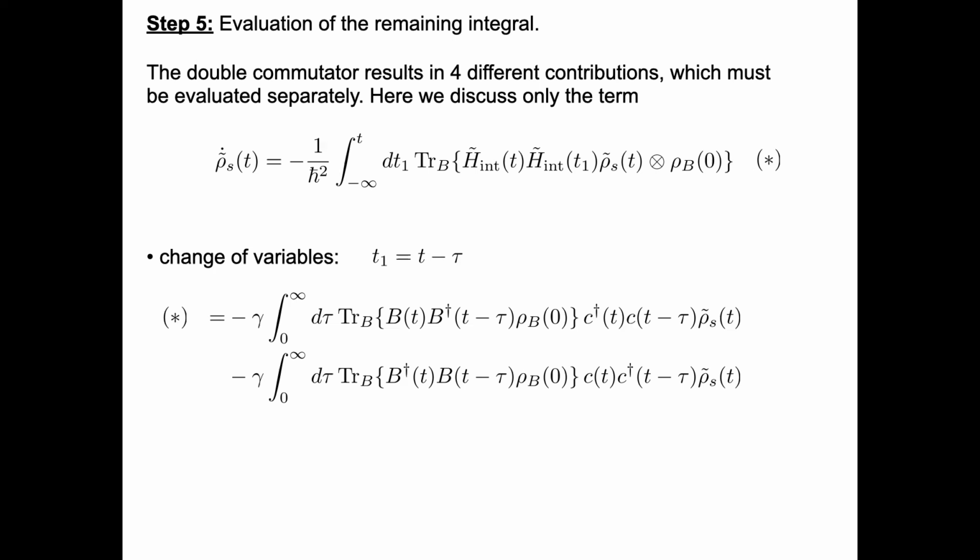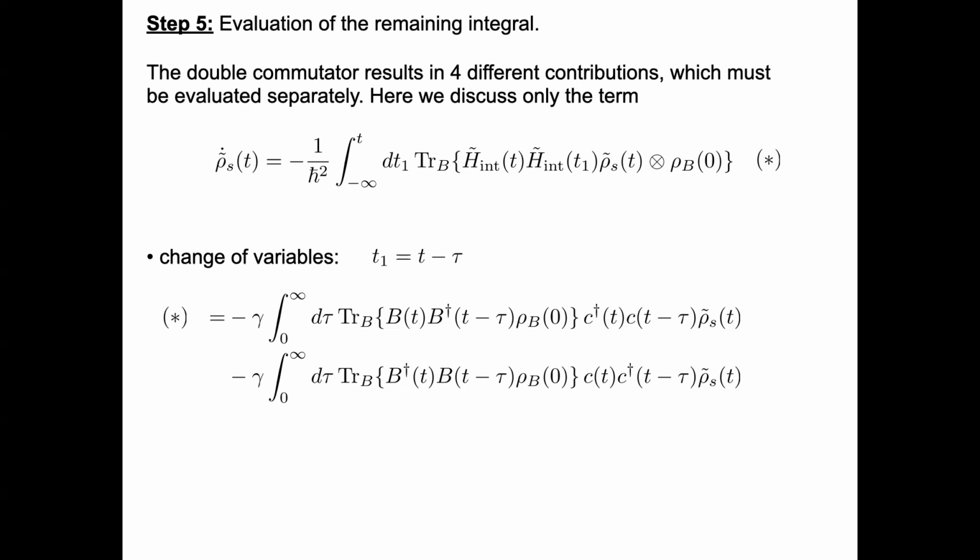But for the system operators, this is not the case. Here we start with h int acting from the left, another h int acting from the left on rho system. So therefore, we also have these operators like that. We are not allowed to change the order here. In the path, in this case it's the same ordering, but in principle we could also move these operators to the other side and so on.